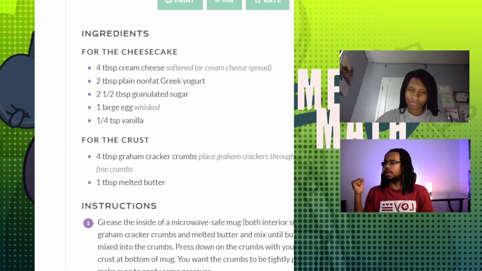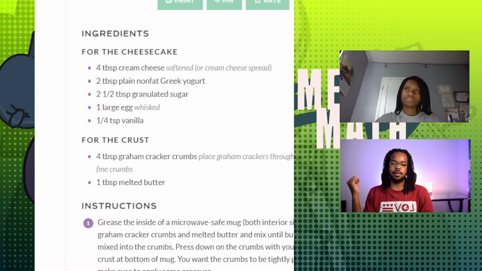2.5 tablespoons of granulated sugar. So we know 2 tablespoons is 1 ounce. So now we have 1 ounce. And now we need half a tablespoon.